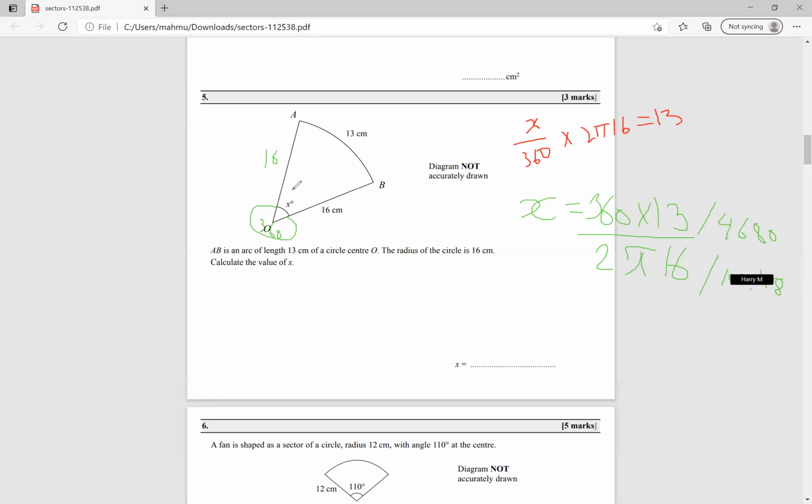The answer should be 46.8. Actually, the answer should be 46.6. Yeah, 46.57.